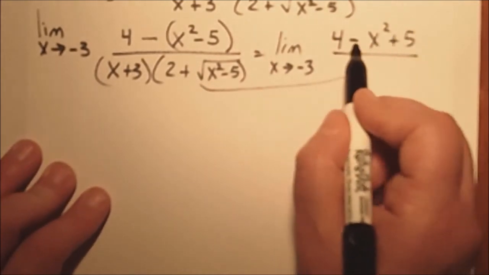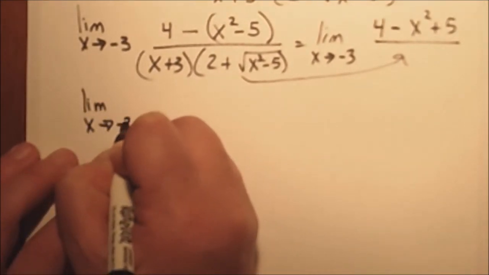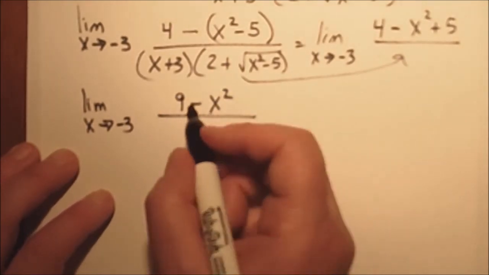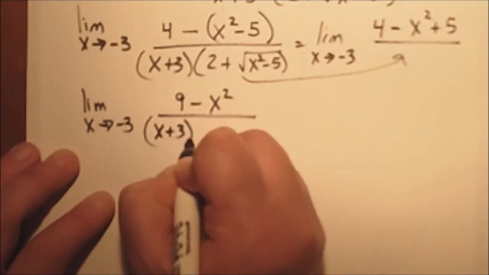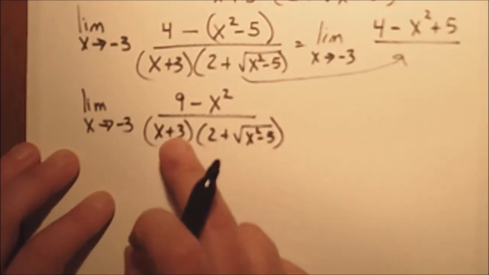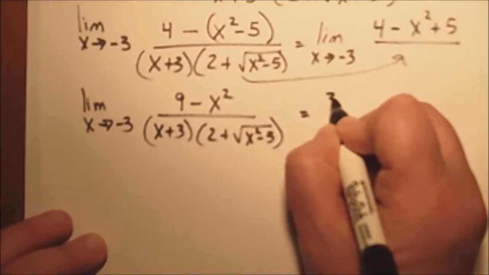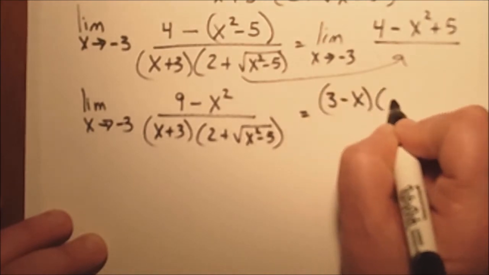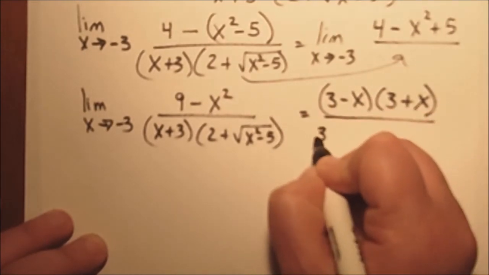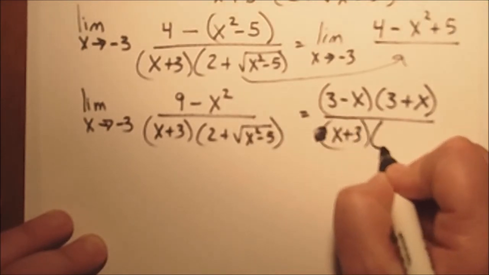So if I combine here, I get 9 minus x squared over x plus 3 times all this. And now I can factor. So that would factor into 3 minus x, 3 plus x. And as I mentioned, we're looking for something to cancel.